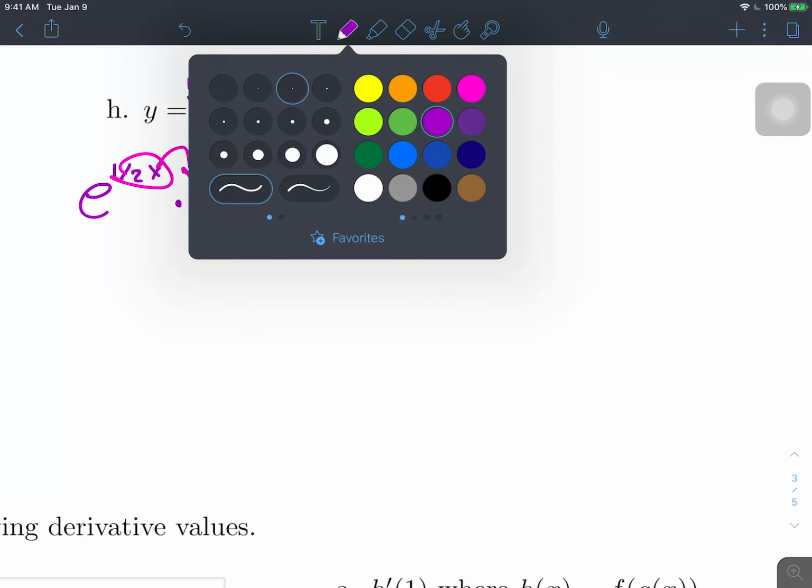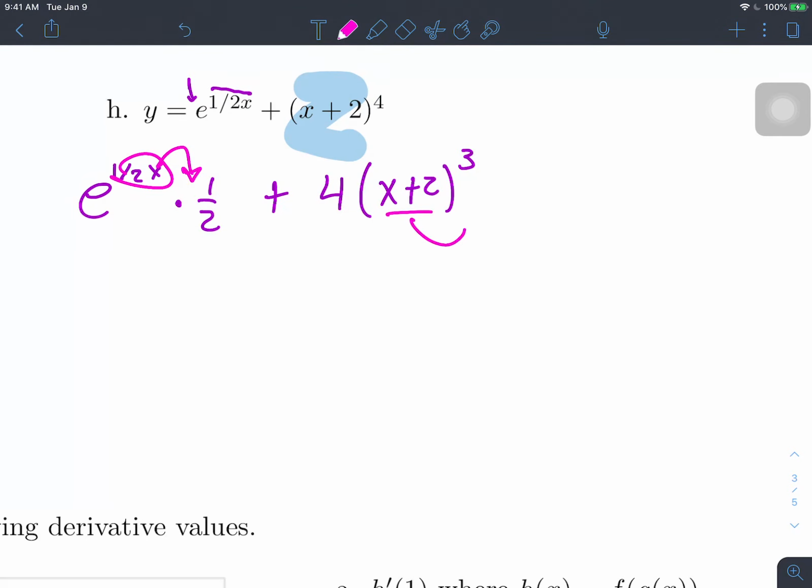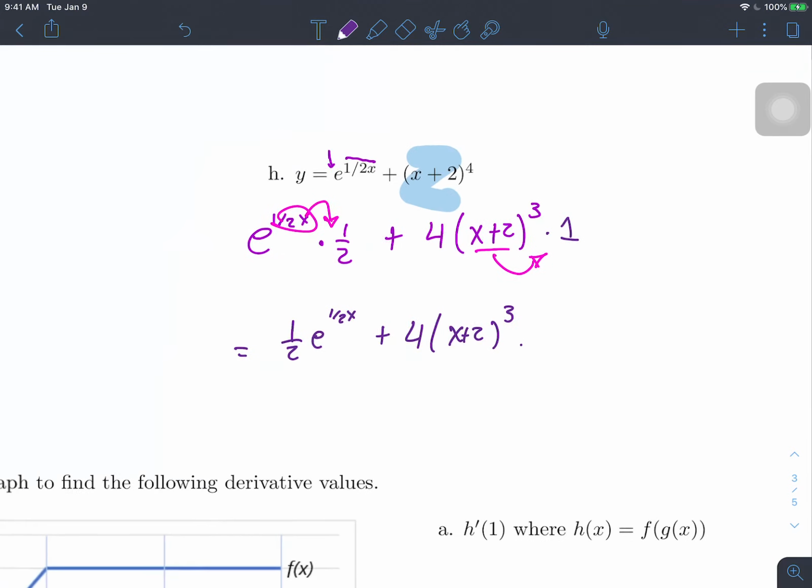And then I would chain rule out the derivative of x plus 2, which is just 1. So my answer is 1/2 e to the 1/2 x plus 4 times x plus 2 to the power 3. All right, practice will allow you to do this as well.